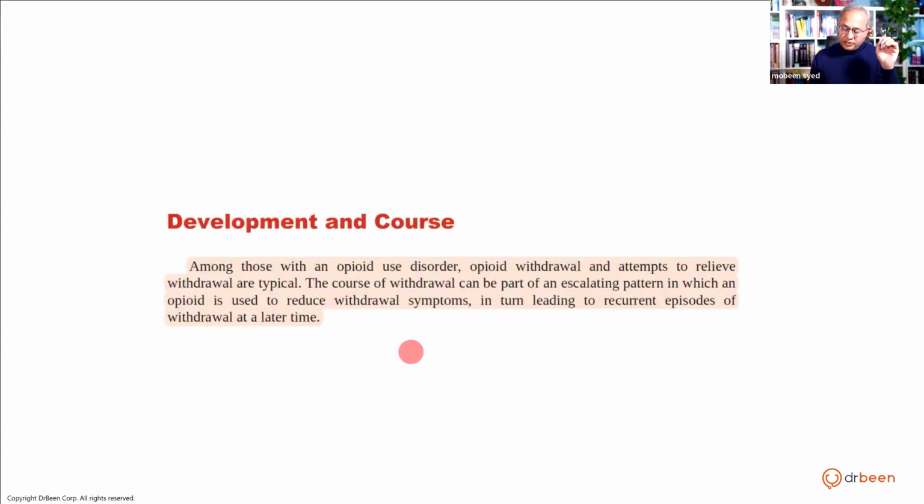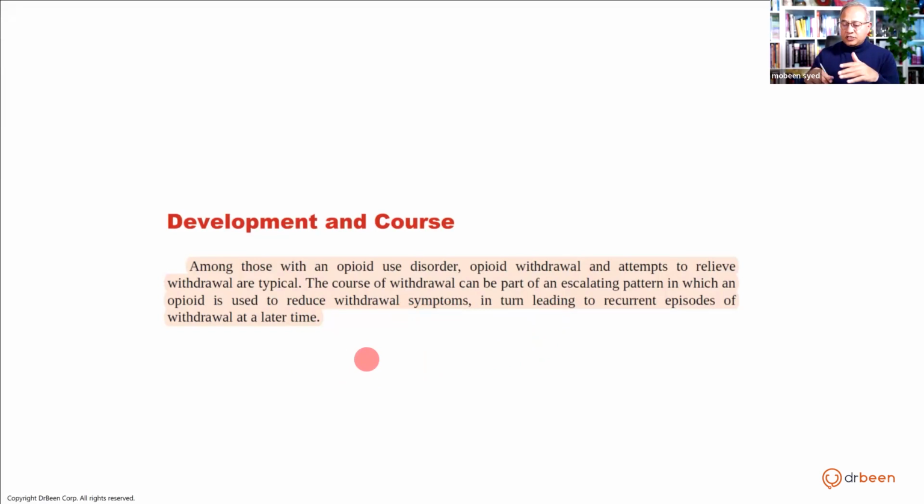Among those with an opioid use disorder, opioid withdrawal and attempts to relieve withdrawal are typical. This is an important thing to consider. Withdrawal is withdrawal, as we just saw, and there is an attempt to alleviate or relieve the withdrawal as well. The course of withdrawal can be part of an escalating pattern in which an opioid is used to reduce withdrawal symptoms, in turn leading to recurrent episodes of withdrawal at a later time.